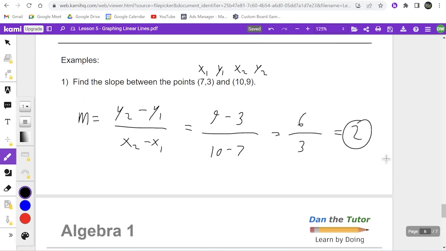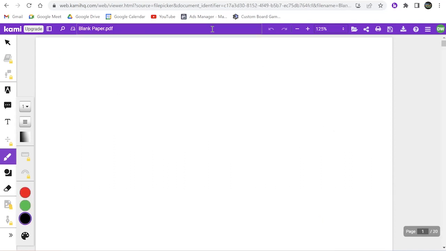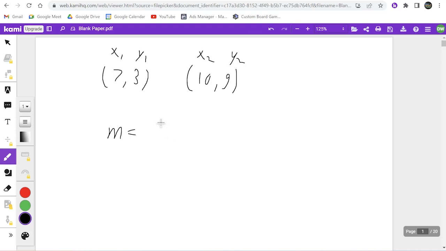Now, by the way, in case you're curious, the direction doesn't actually matter. Let me explain what I mean. So we just had the points (7, 3) and (10, 9), right? This was x1, y1, this is x2, y2. What I'm saying is if you want to instead do y1 minus y2 over x1 minus x2, it doesn't matter.